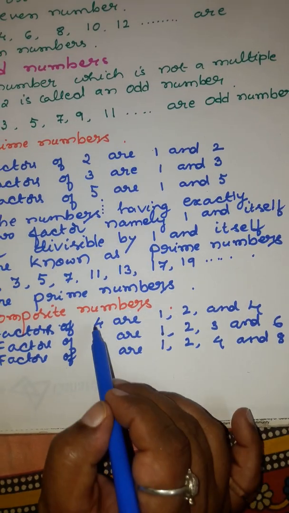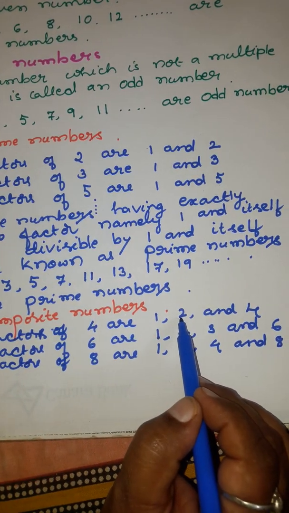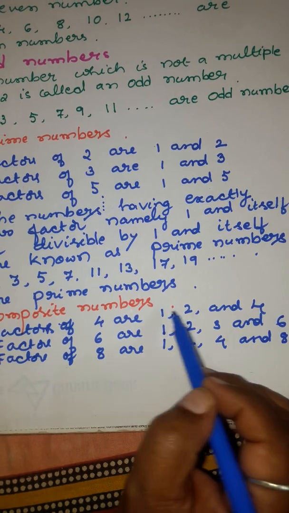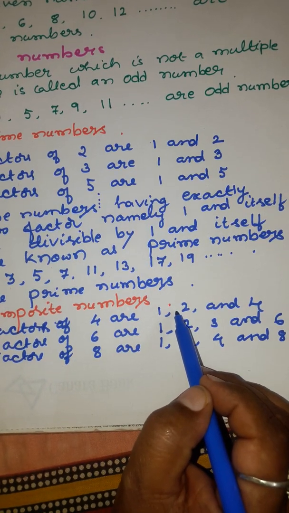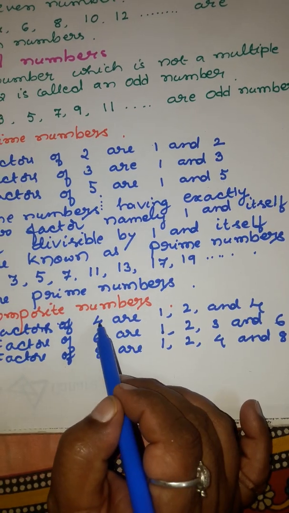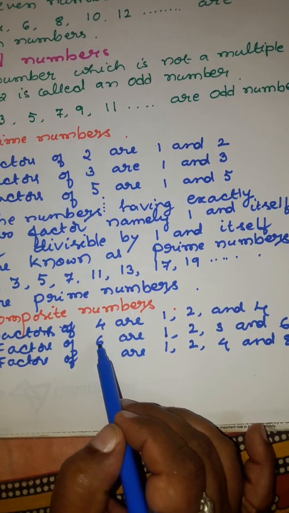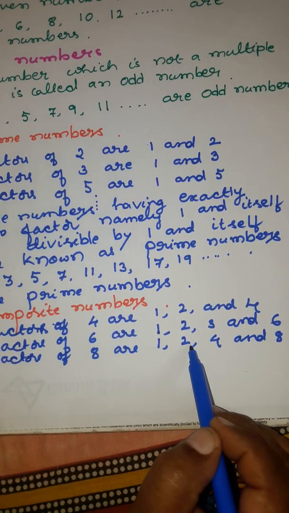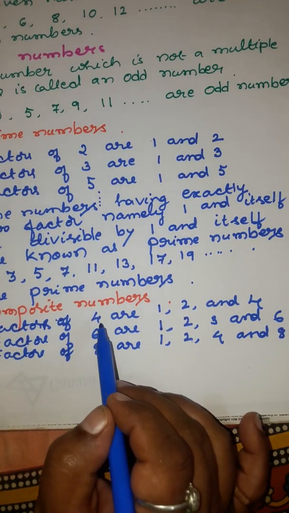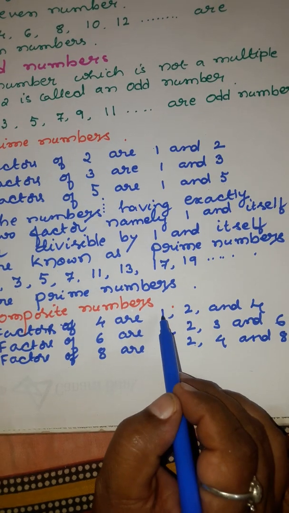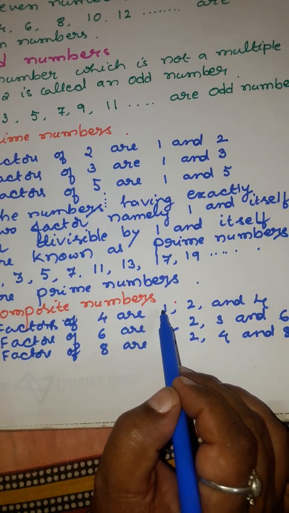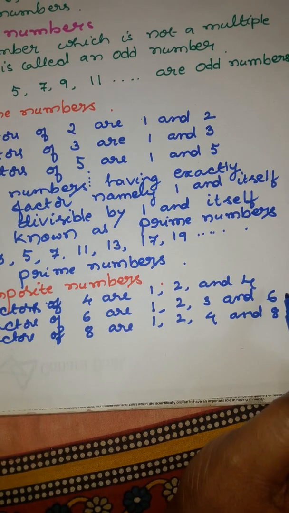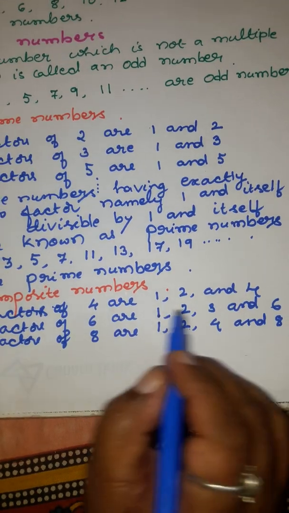So that means any number which has more than 2 factors is divisible by more than 2 numbers. 4 is divisible by 1, 2 and 4. Here 6 is divisible by 1, 2, 3 and 6. 8 is divisible by 1, 2, 4 and 8. That means the numbers which have more than 2 factors are called composite numbers.